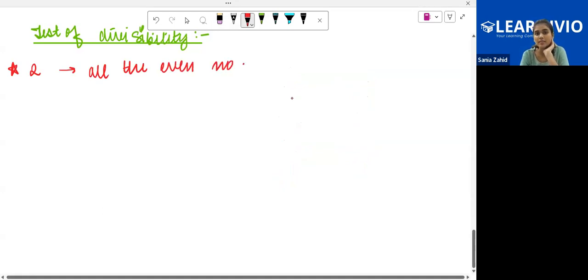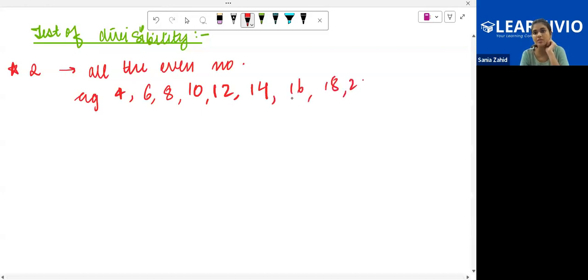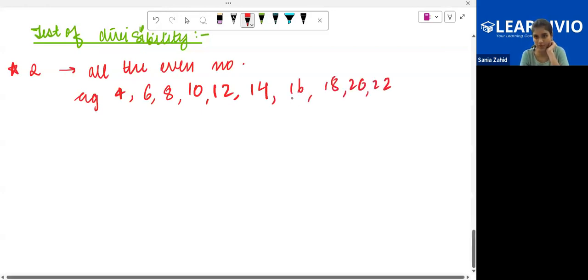Like consider example 4. 4 is divisible by 2. Yes or no? Yes. 6, 8, 10, 12, 14, 16, 18, 20, 22, 24, and so on. All of these are even numbers and all of these are divisible by 2.